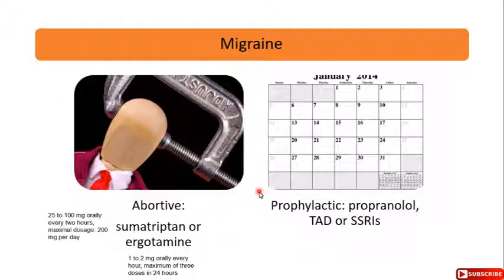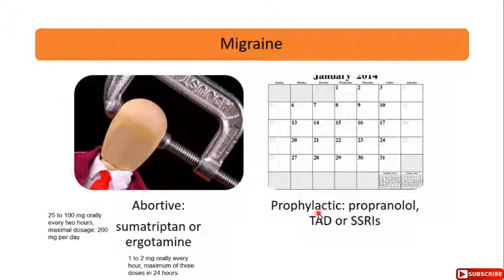But what if the pain is more frequent, like 4 times per month? You don't have to use only the abortive therapy. You have to use the prophylactic therapy.